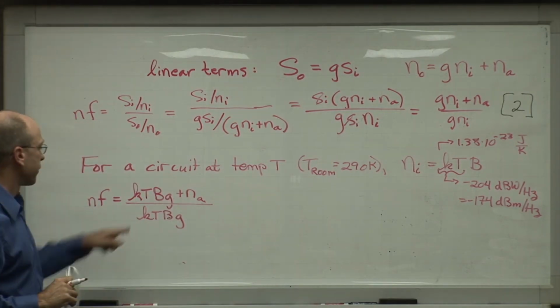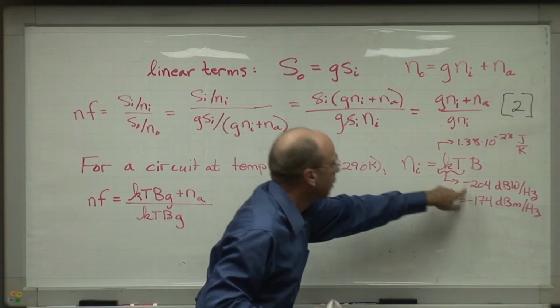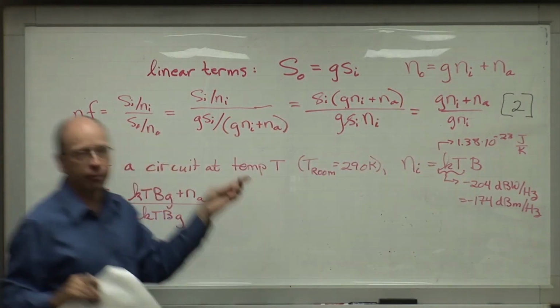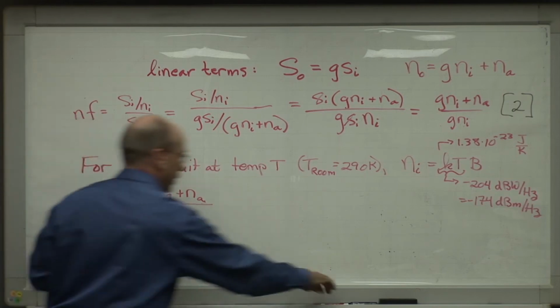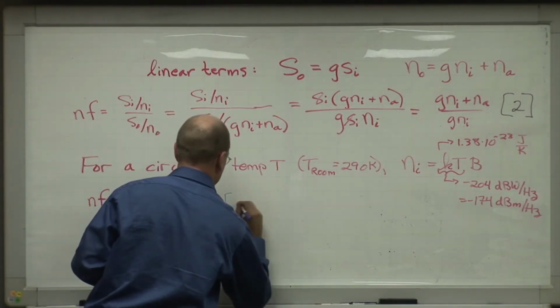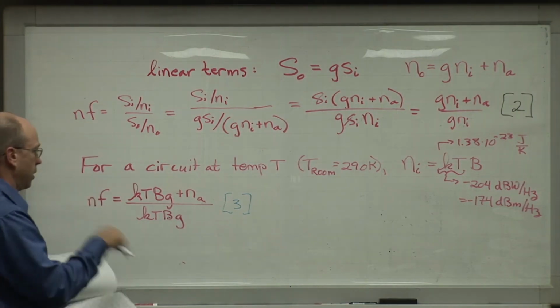And again, bear in mind that if you ever need to, you can take the bandwidth out and just work in spectrum power density, or you can leave the bandwidth in and work in actual power levels. It's not going to matter in the end which way you go with that. We'll call this equation 3.